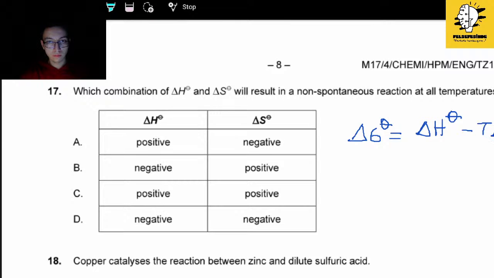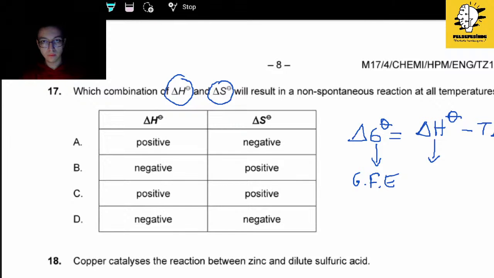Okay, so this is Gibbs free energy. I won't write the whole thing. This is enthalpy, change in enthalpy, and this is the change in entropy. This is very important. Instead of writing these ones, they could have written it with their names, not their symbols. We should learn it. So it says which combination of enthalpy change and change in entropy will result in a non-spontaneous reaction at all temperatures.